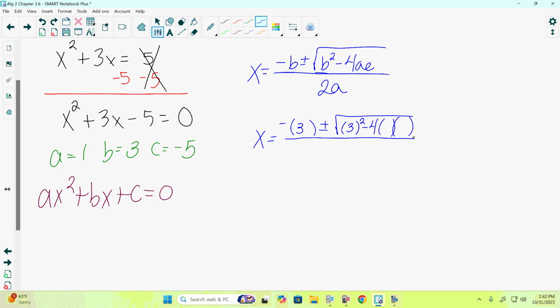Now the value for a for us is 1, times c. Well, the value of c is negative 5, over 2a. Yeah, it does kind of look like an e. For ac. So that tells us we have negative parentheses 3 close parentheses plus or minus the square root of 3 squared minus 4 times 1 times negative 5, all over 2 times 1.